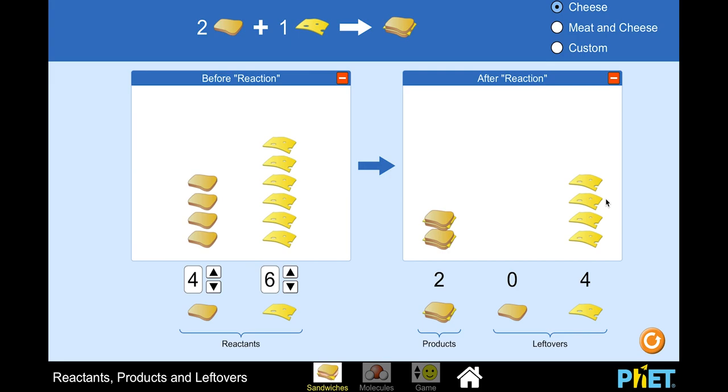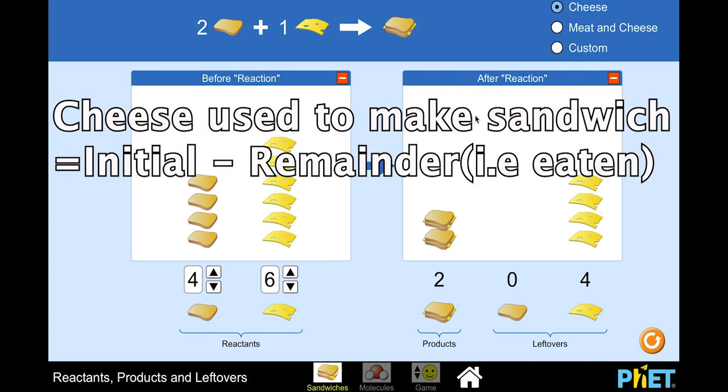Therefore, the cheese used to make the sandwich. So we want to calculate how many cheese have been used when we reacted the cheese with the slices of bread. So the cheese used to make the sandwich is equal to the initial, which is known cheese, which was 6, minus the remainder.